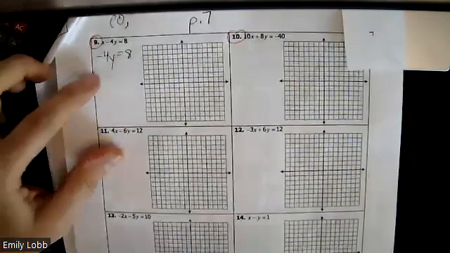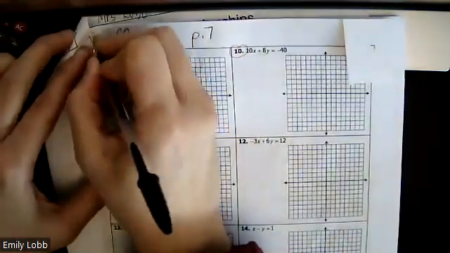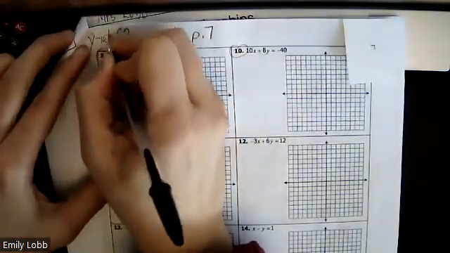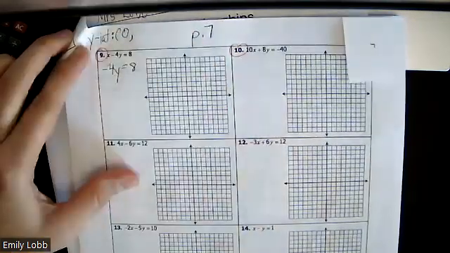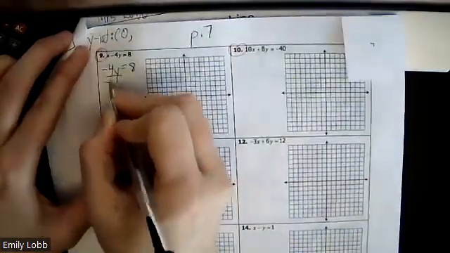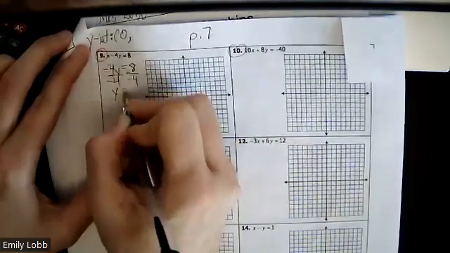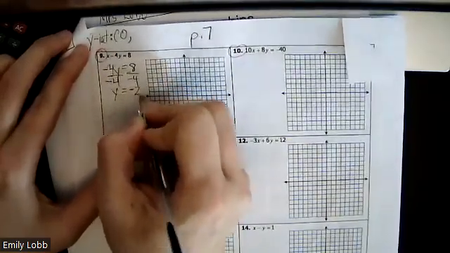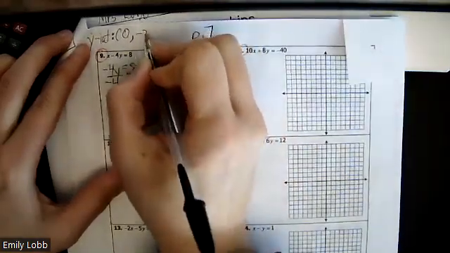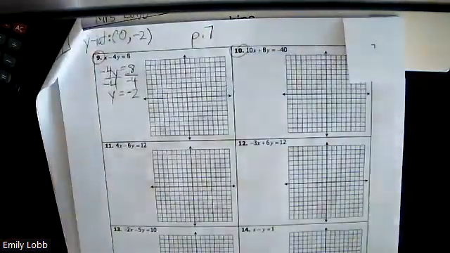So this is for your y-intercept. If you're solving for y, you're finding your y-intercept, okay? So if I'm dividing both sides by negative 4, I have y equals negative 2. So that is my y-intercept for here.